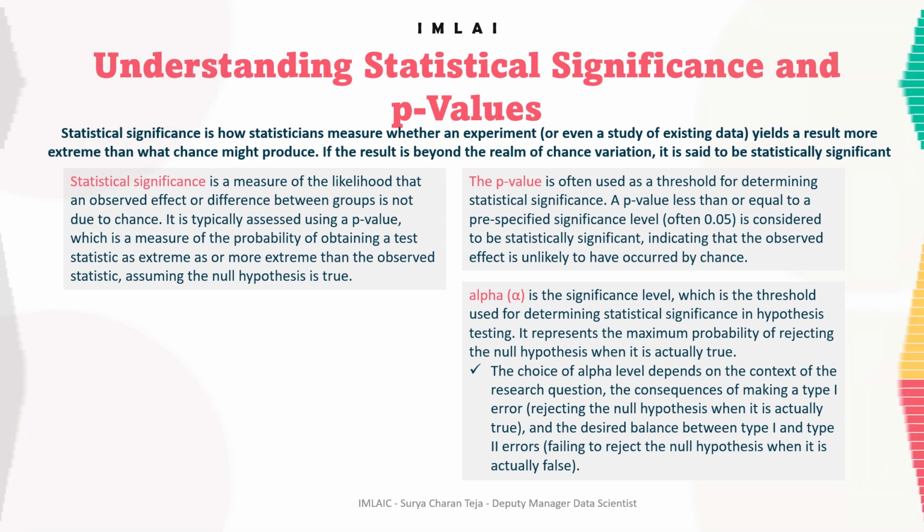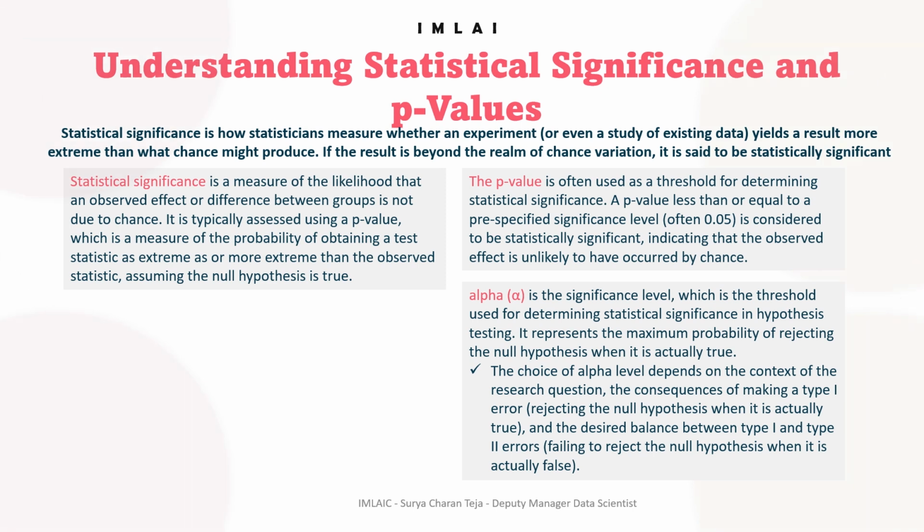A significance level of 0.05 means that there is a 5% chance of rejecting the null hypothesis when it is actually true. In other words, if the p-value is less than or equal to 0.05, we reject the null hypothesis and conclude that there is a statistically significant effect or difference.